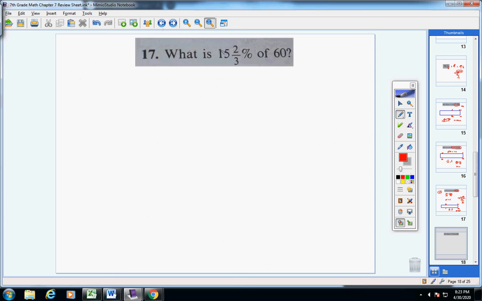Okay, number 17. All right, what your unknown is equals now. This is going to be tough, okay? I've got to convert this over to a non-percent. Now I taught you how to do this. Do you remember how to convert a percent to a fraction?